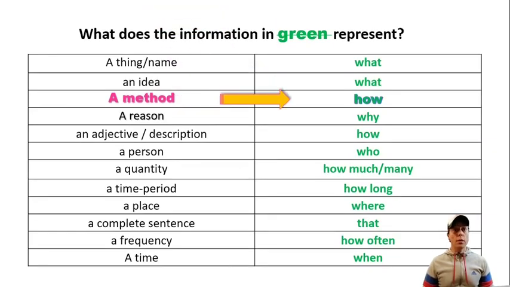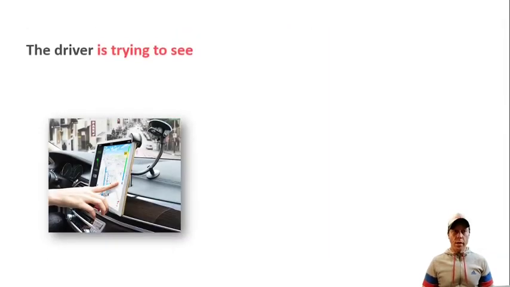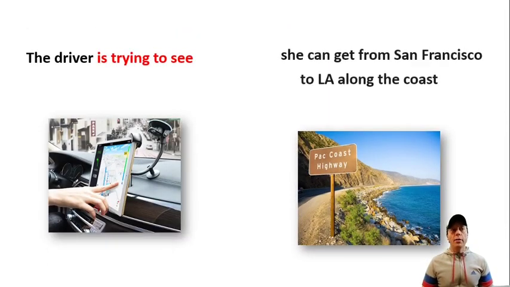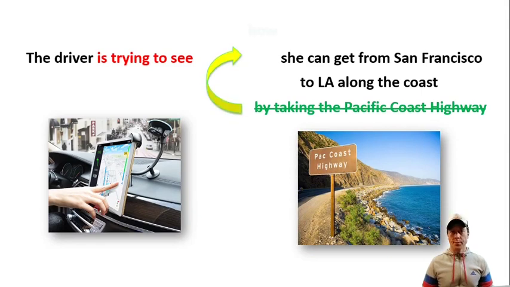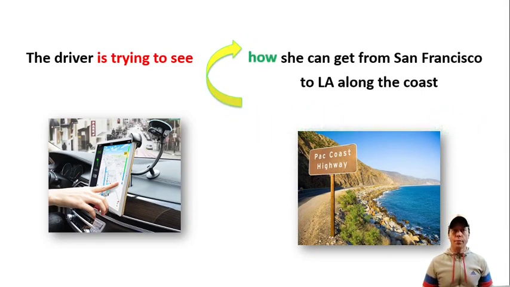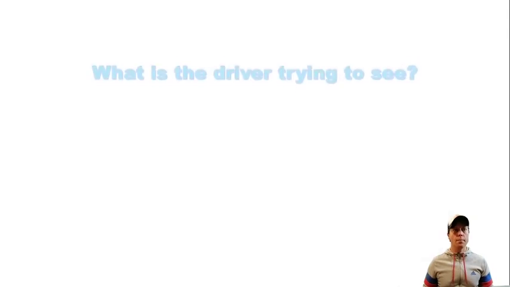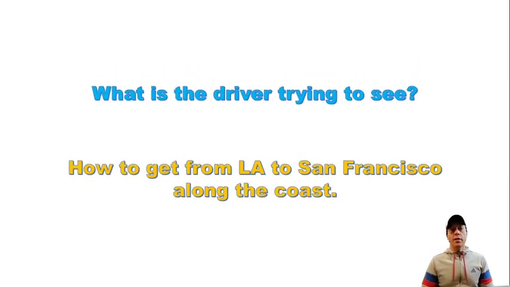Therefore you use the relative pronoun how to substitute that information. Remember, a by gerund phrase represents a method. Therefore, the driver is trying to see how she can get from San Francisco to LA along the coast, or back. Either way, it's the same road. So what is the question? What is the driver trying to see? How she can get from LA to San Francisco or San Francisco to LA along the coast.